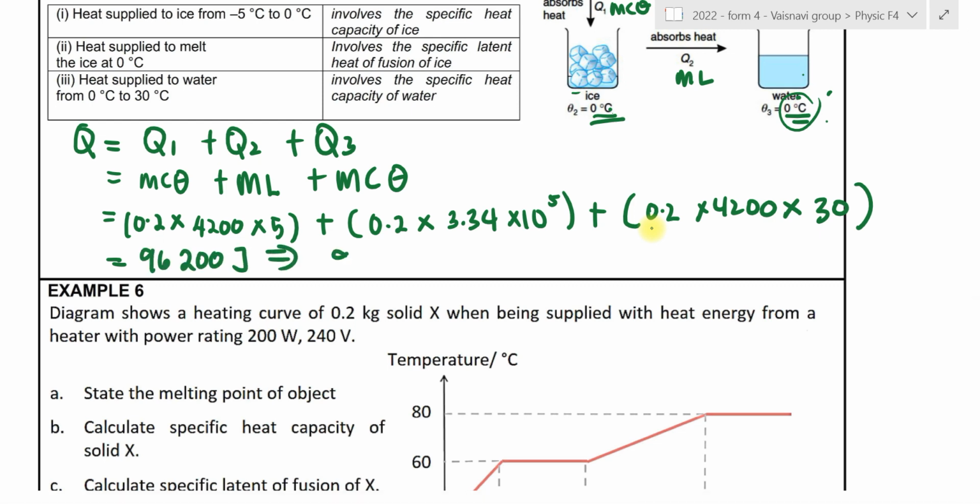Kita boleh express 9.62 times 10 to the power of 4 joule. Okay, you can do this type of question already, then okay lah.